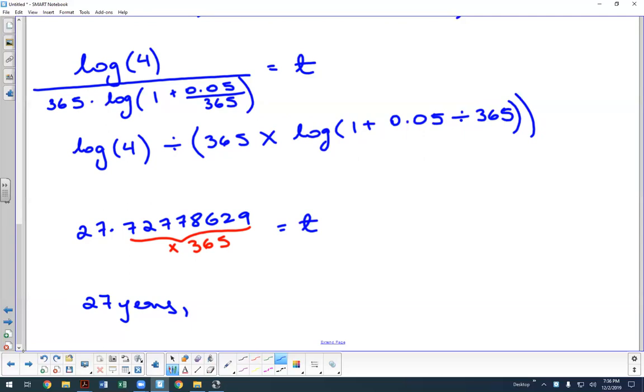Which is coming out to be 265.64. So what's that, 266 days? Yeah. Approximately.